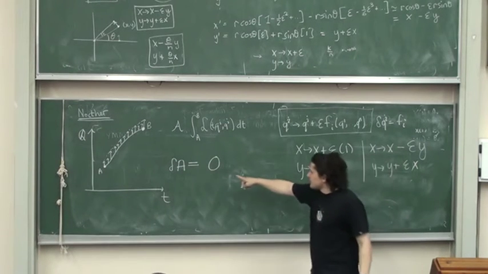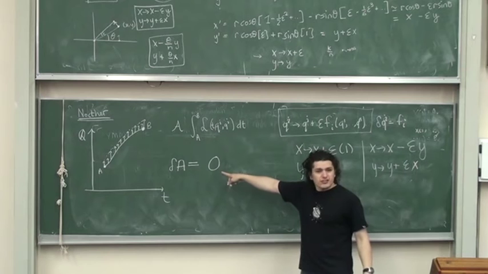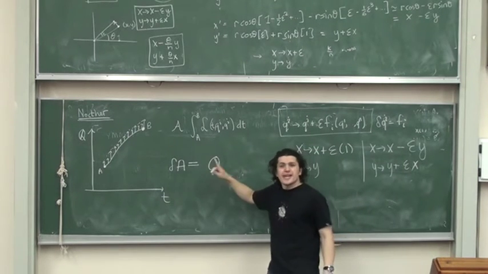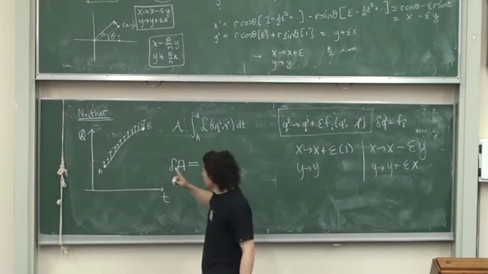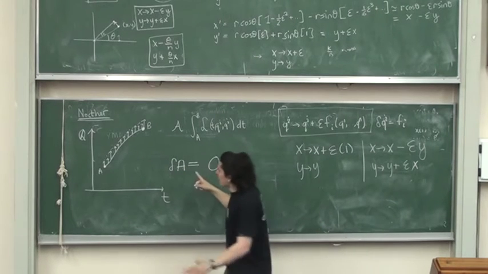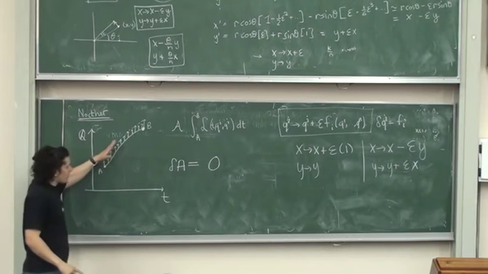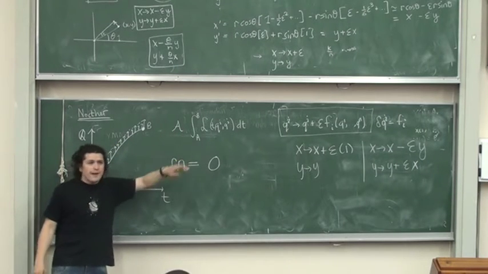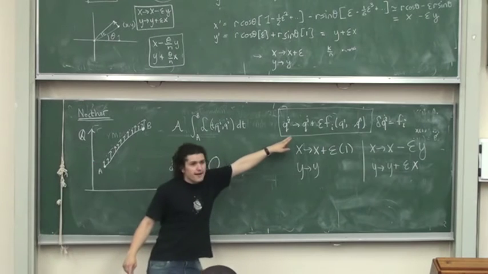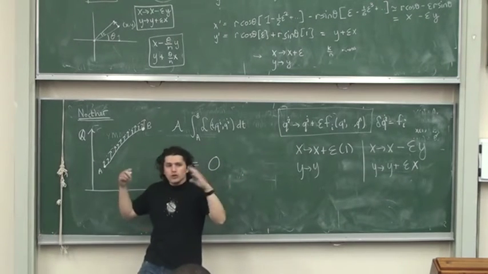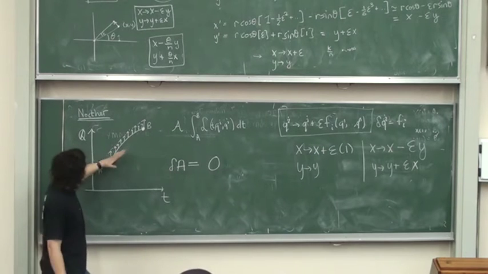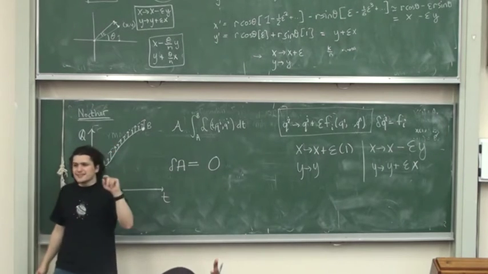This is not 0 because of the principle of stationary action. This is 0 because we have a symmetry. This is 0 because when I go from this path to this path, the action is not changed. When I made my transformation, the motion, the action did not change. So the variation in moving from this path to this path is 0.